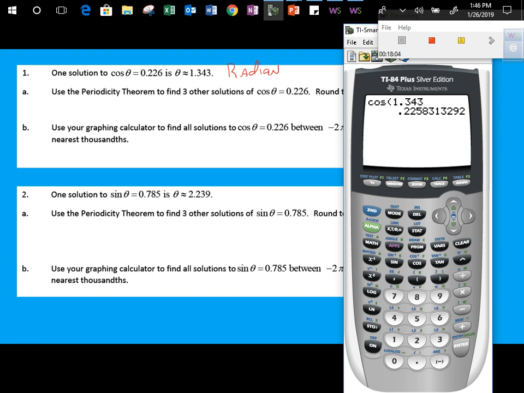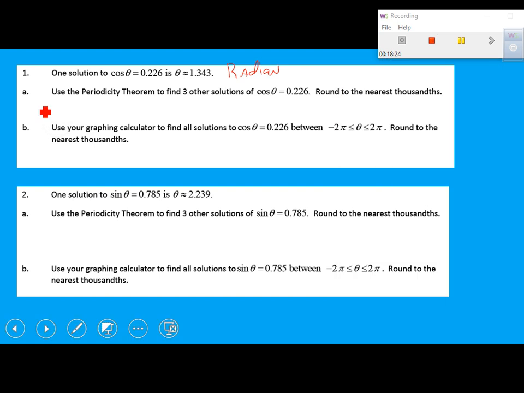Now, I'm looking for some more values that would give me that same answer. Now, think about this. Since the period of cosine is 2 pi, here's how easy it is to get some more answers. I know that one answer is about 1.343. I'm going to add 2 pi to that. So it's going to look like this in your calculator.